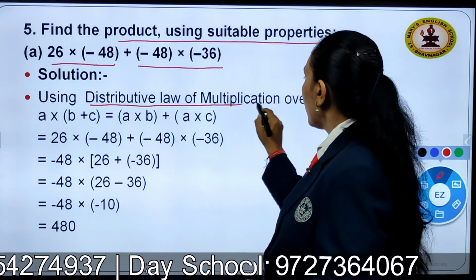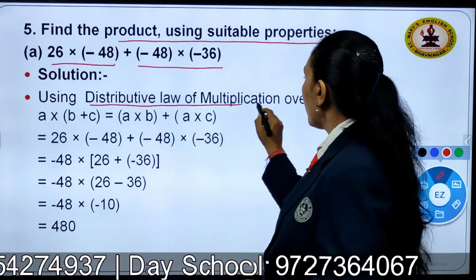This sign will be here, and what is left out in the second part is minus 36. So minus 48 multiplied by (26 plus minus 36).